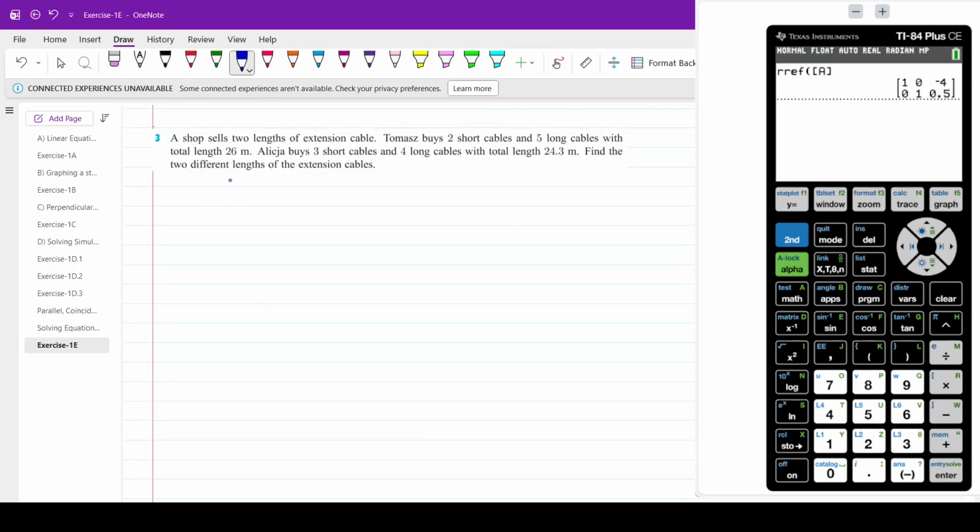The question says, a shop sells 2 lengths of extension cable. Thomas buys 2 short cables and 5 long cables with total length 26 meters.